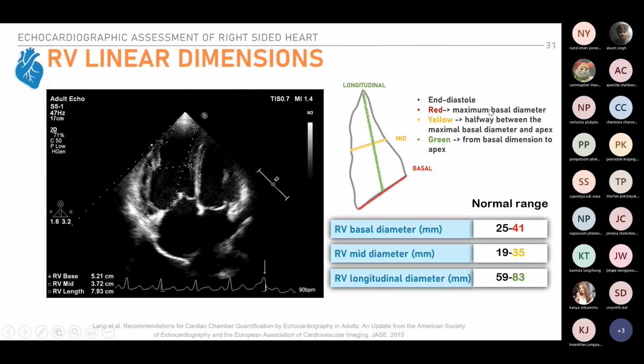The last one, RV longitudinal diameter, is measured from the midway of the basal diameter to the RV apex. And these are the reference values of RV dimension. Normal RV basal is less than 41, normal RV mid diameter is less than 35, and normal longitudinal is less than 83.